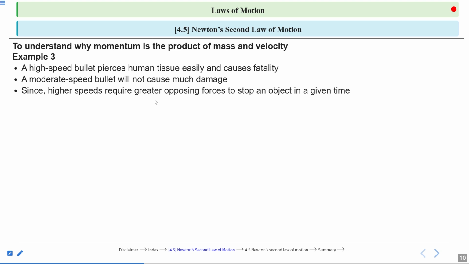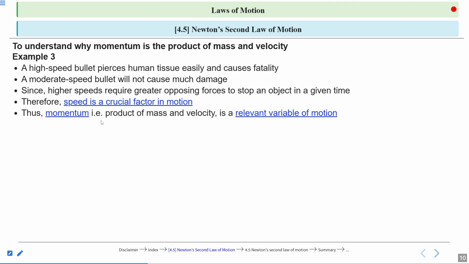Yes or no? Higher speed requires greater opposing force to stop an object in a given time. Whereas if we talk about a lighter weight object, or we can say a lighter weight bullet, it requires less force. Clear? Therefore, speed is a crucial factor in motion.